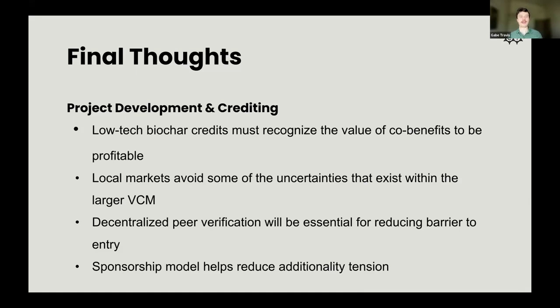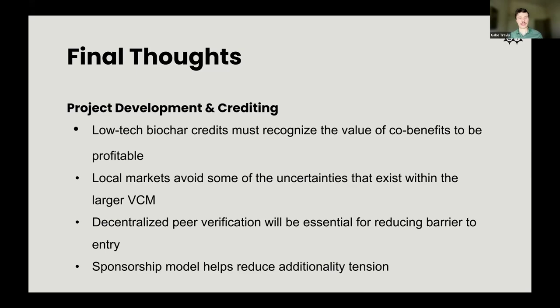If we can increase the value of those credits by recognizing the co-benefits, I think we can see that as a profitable model. But until then, we're just right on the edge of breaking even. I mentioned the local markets avoid some of the uncertainties that exist within the larger voluntary market space. And the decentralized peer verification will be really helpful for reducing the barriers to entry.